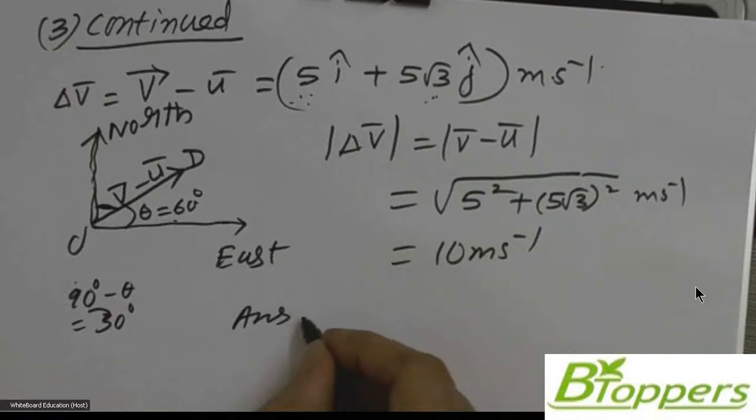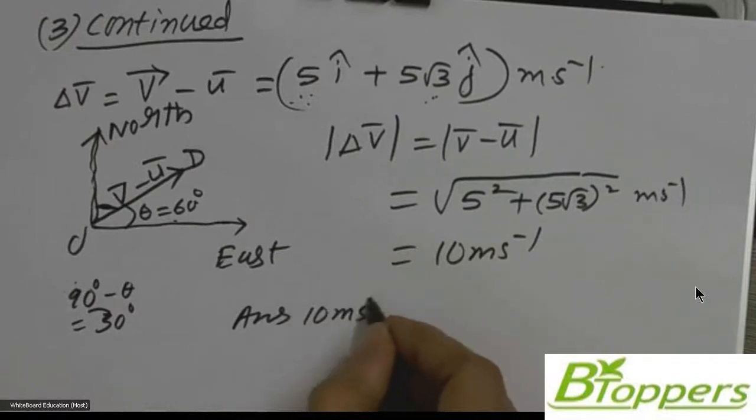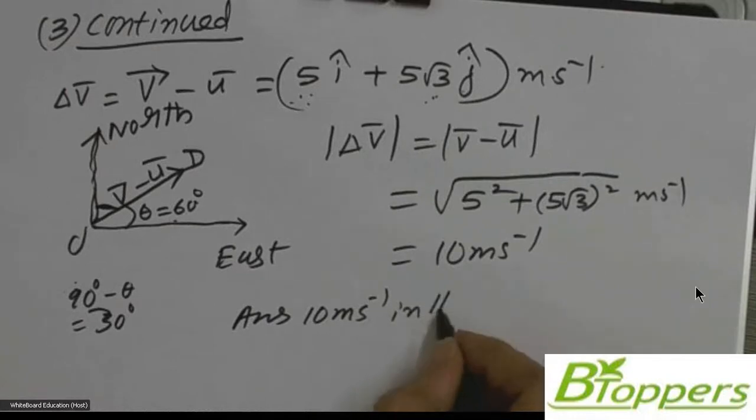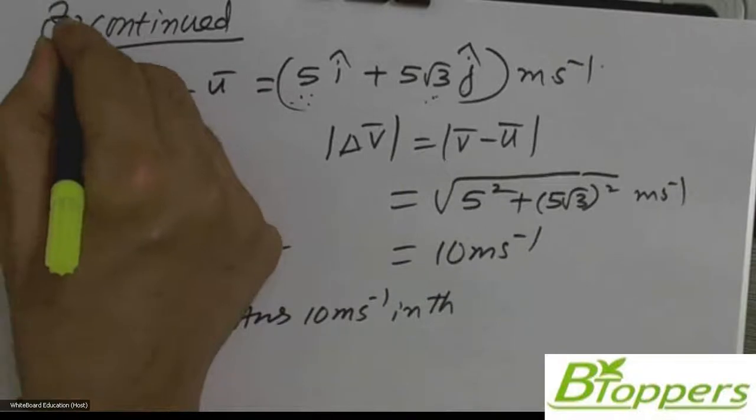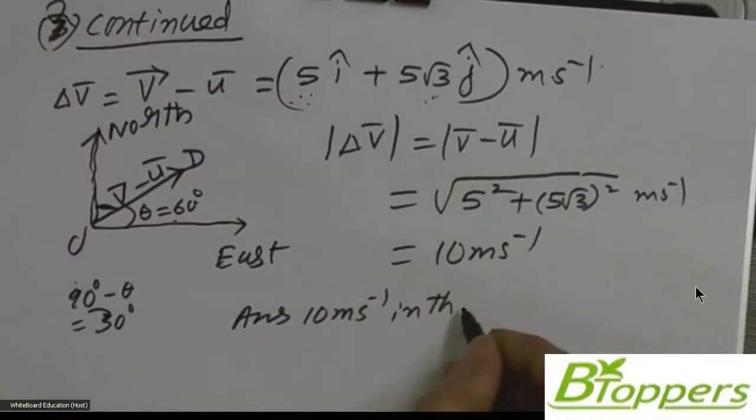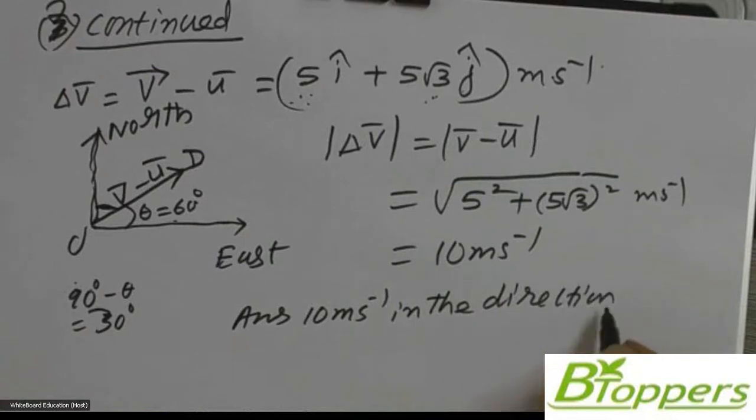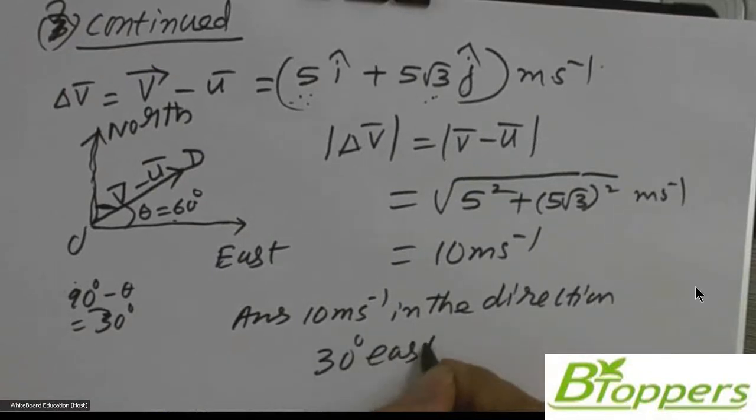So the answer can be written as 10 meter per second in the direction 30 degrees east of north.